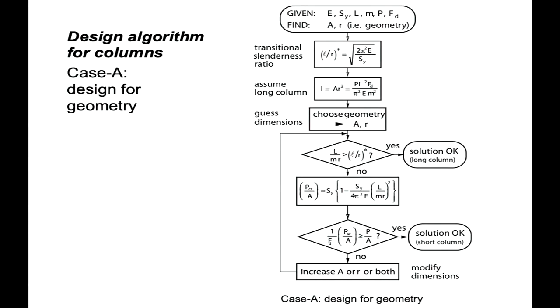Because let's not forget, the loading and the distance apart from where those loads are applied, plus the way the end fixation's occurring, all that is feeding into what you need to have in terms of area and radius of gyration. So it could be that you're thinking it's going to be nice and slim, but you actually need something a lot fatter for the material you've got.